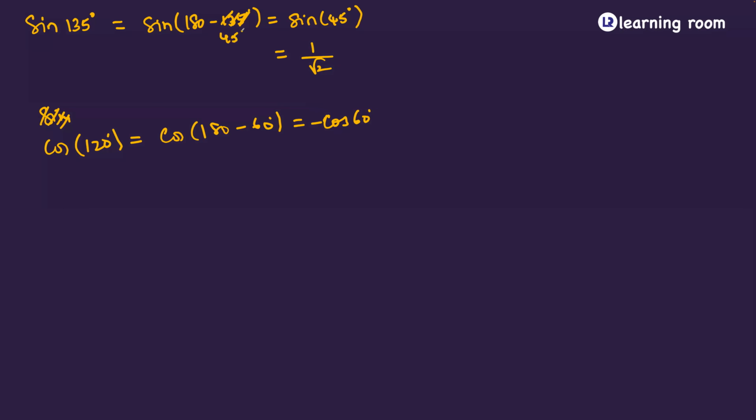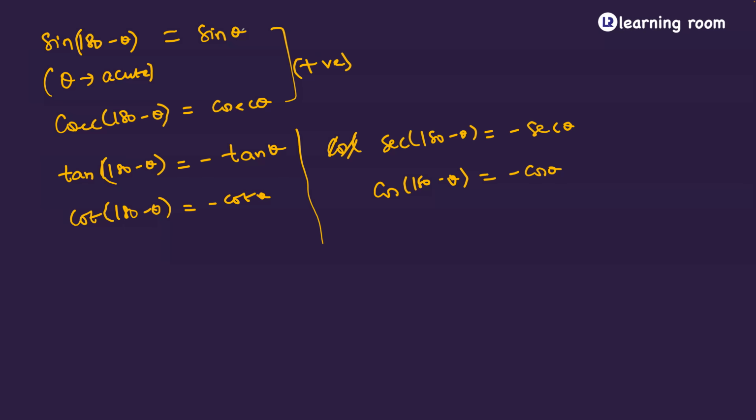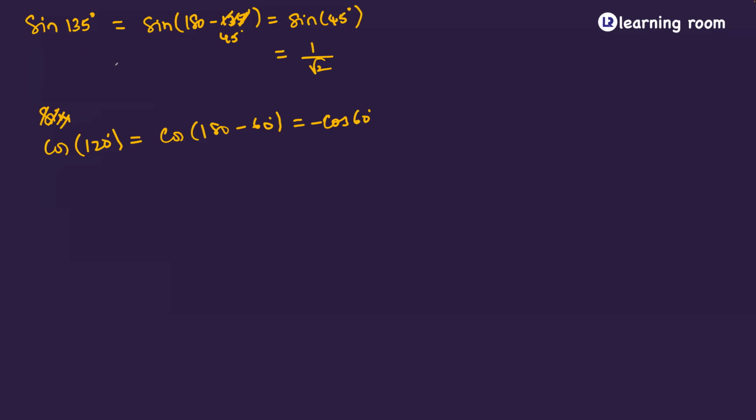Cos of 180 minus 45, because what did I tell you? When you write cos of 180 minus something, you need to ensure that the value of theta is acute. So here, cos 135, which is an obtuse angle, how much should I subtract from 180 to get it? So that value is what you're supposed to write. So it's minus 1 by root 2. So cos 120 is cos of 180 minus 60, which is going to be minus cos 60.